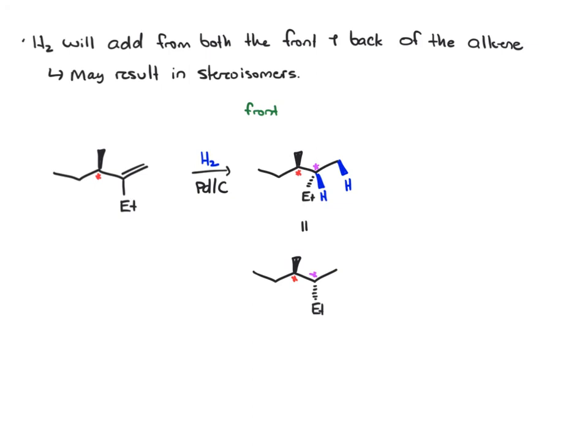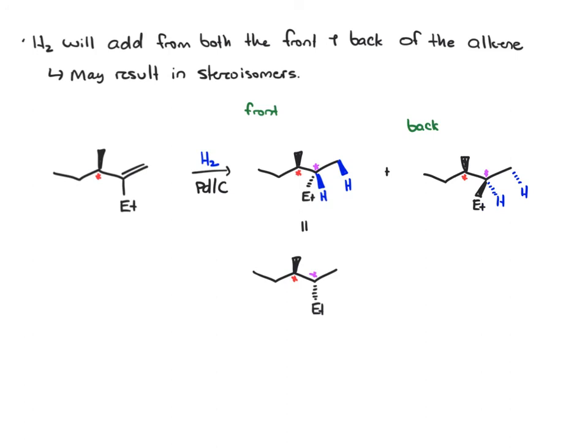Our other product will have the hydrogen coming in from the back. So we do it basically the same way. Leave your first chiral center as is. And then if the hydrogen comes in from the back, we have a back H here, a back H here, and then that pushes this ethyl group to the front. And there's our new chiral center.